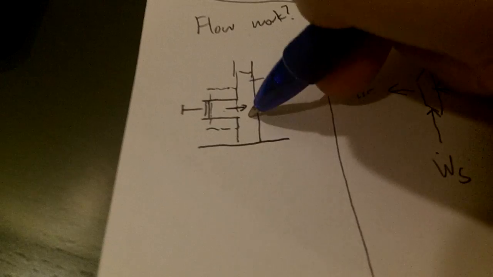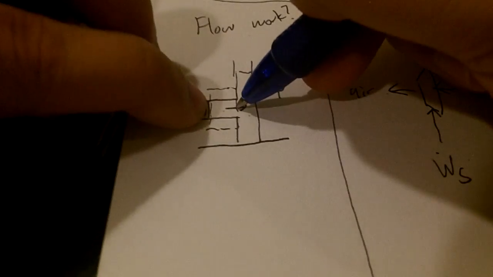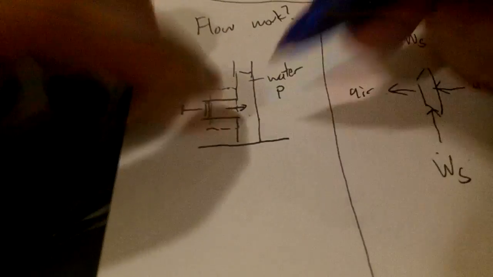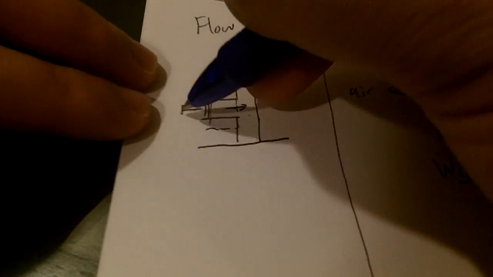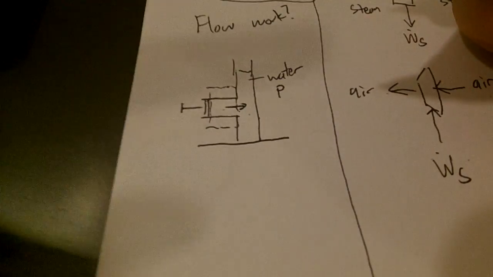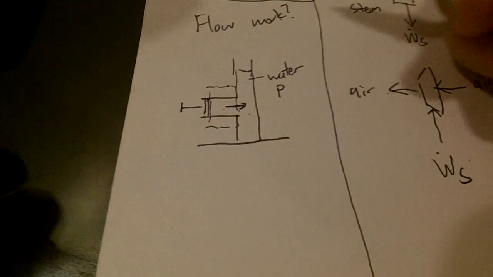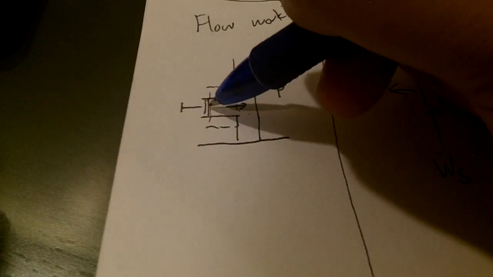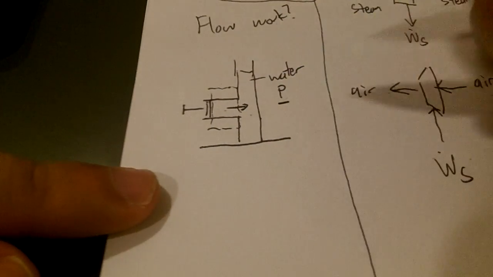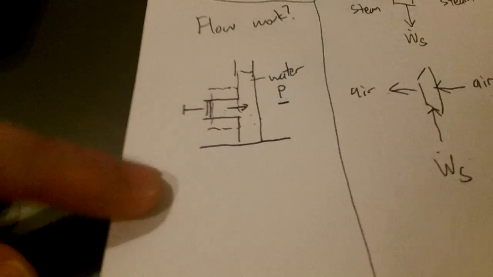Now to get this in, to change its position from here into the cylinder, you actually need to push it in. You're not increasing its kinetic energy, but you're just trying to work against this pressure to push the water in.